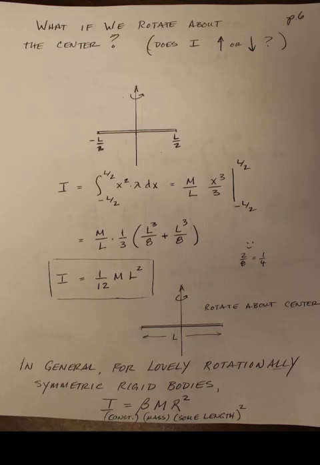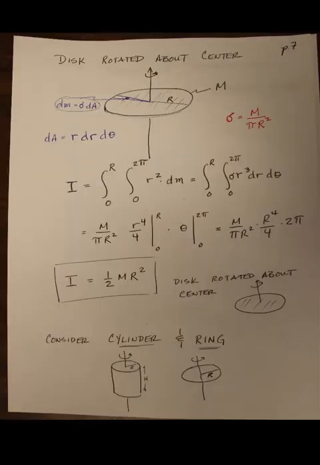So in general, for lovely rotationally symmetric rigid bodies, the rotational inertia is some constant times the mass and times some length squared. Now it might be r squared or L squared. We can use different variables depending upon what the geometry is.